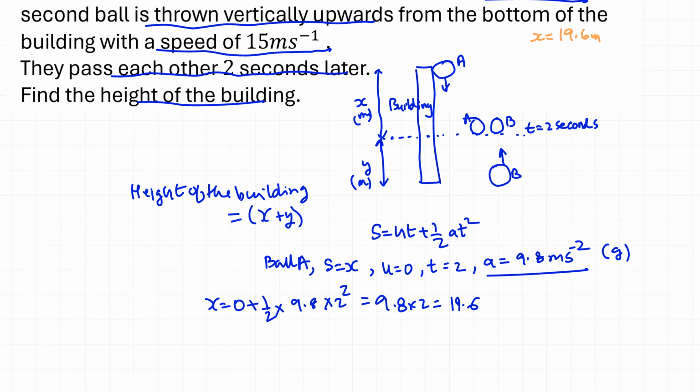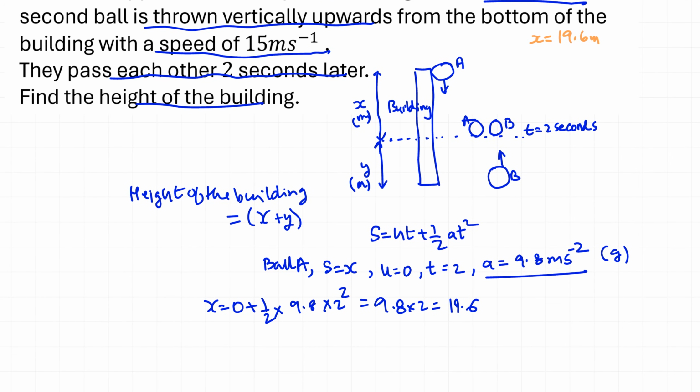Now we have to work out what y is. So similarly we can work out y. For ball B, the initial velocity u is 15 meters per second, and we don't need the final velocity here, so that's why we use this formula.